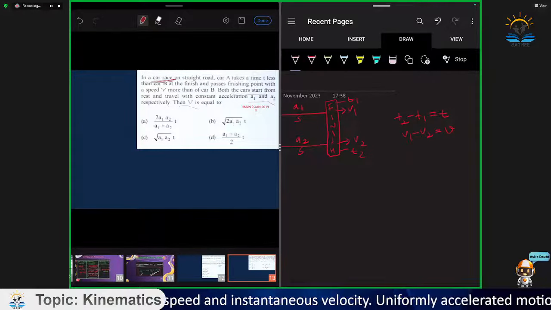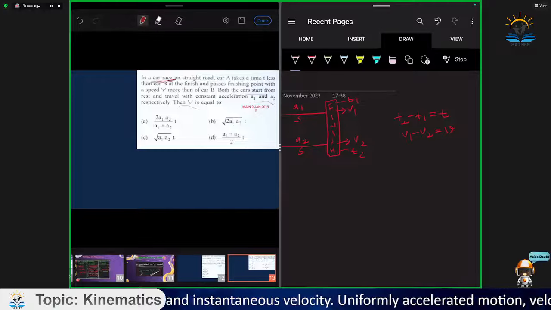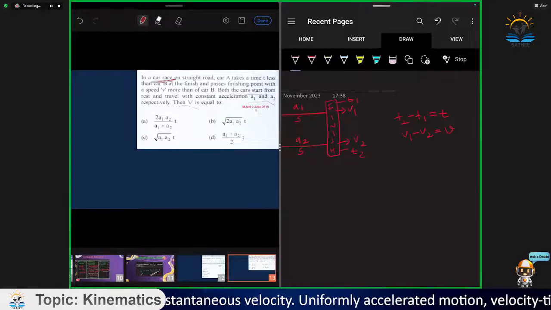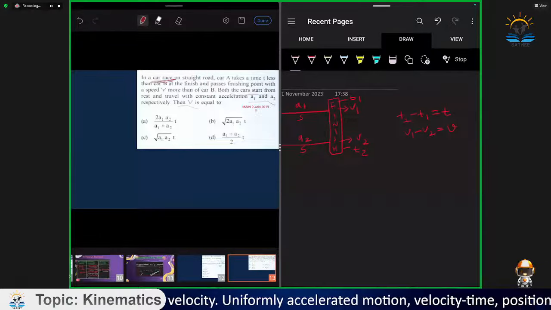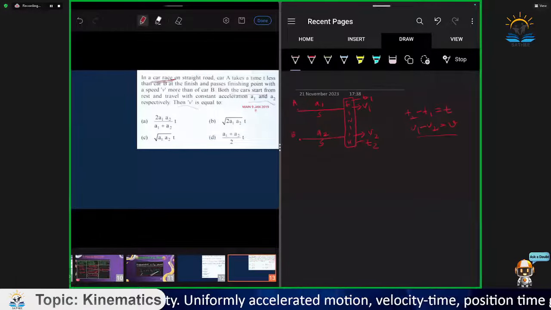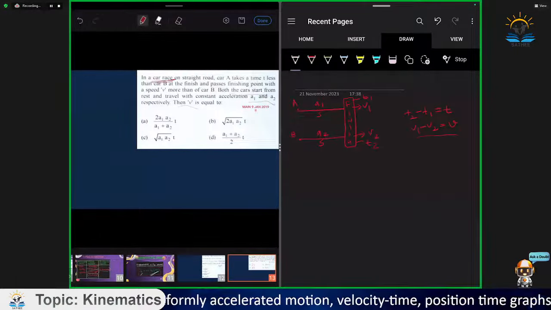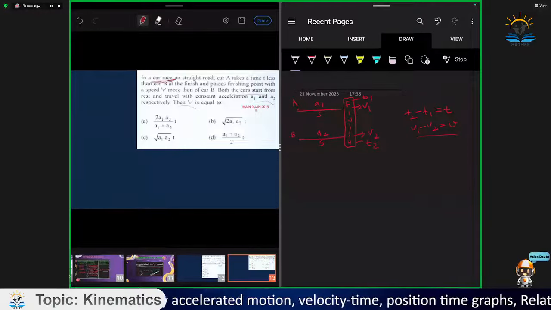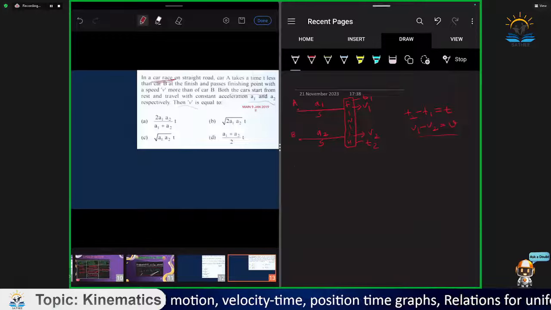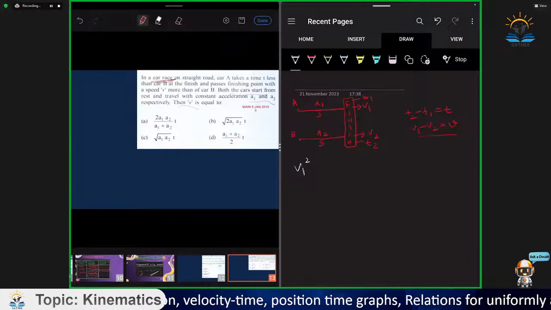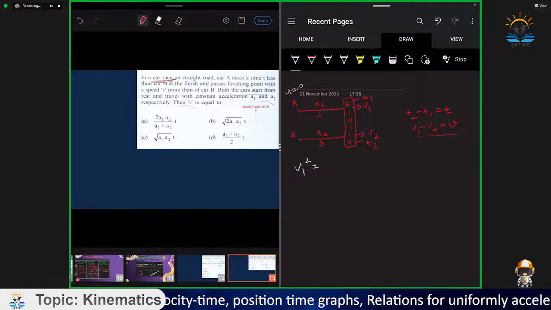And it passes the finishing point with speed V more than that of car B. So we got two equations here. V square is equal to U square plus 2aS. From that equation, we can write V1 square is equal to 2A1S, since U is 0 for both the cars.